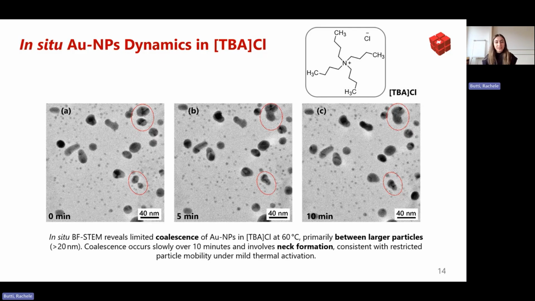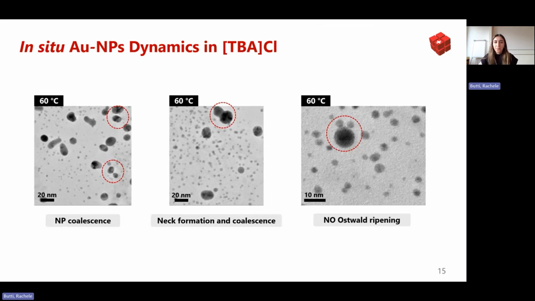So this coalescence occurs slowly and involves, as well as coalescence, also neck formation, and this has to do with the viscosity of the ionic liquid, but it's also consistent with the restricted particle mobility under mild thermal activation, only at 60 degrees. So here also some bright field time series.